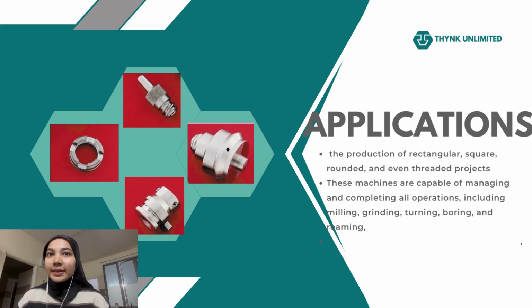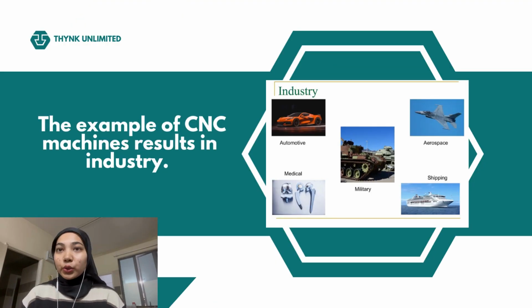As we can see at the left side, here are the products that can be produced by CNC machines. Examples of CNC machine applications in industry are automotive, aerospace, medical, military, and shipping.